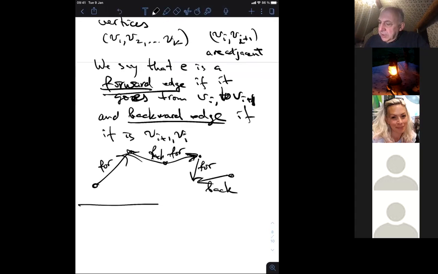Okay, an augmenting path in a transport network. Something is wrong. So an augmenting path, yes.